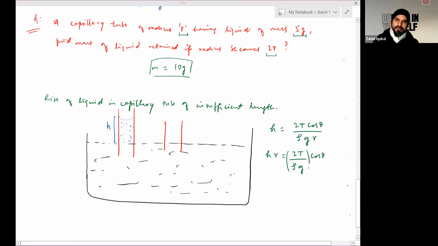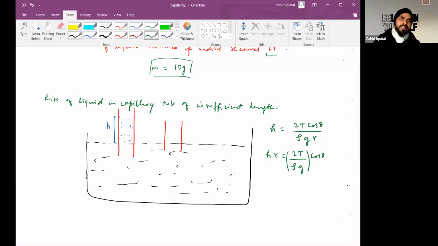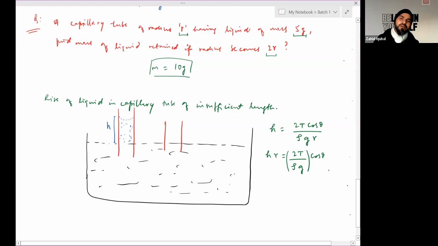Since this entire term will always be constant, and cos theta, which is nothing but the angle of contact, will remain the same for a particular liquid and its interaction with that tube, this h into r will always remain constant. So if h decreases, r will tend to increase up to its maximum value. Is it clear?